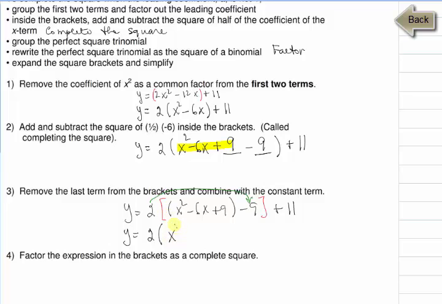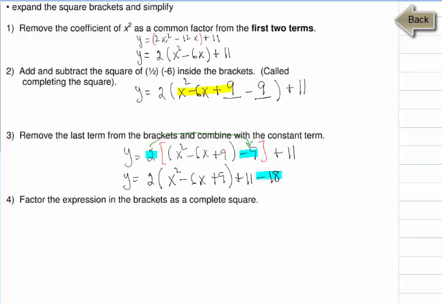We're going to have x squared minus 6x plus 9. We still have plus 11. And we're going to go 2 times negative 9, which gives us negative 18, and we'll put it on the outside of the bracket. So we have multiplied this to get negative 18.